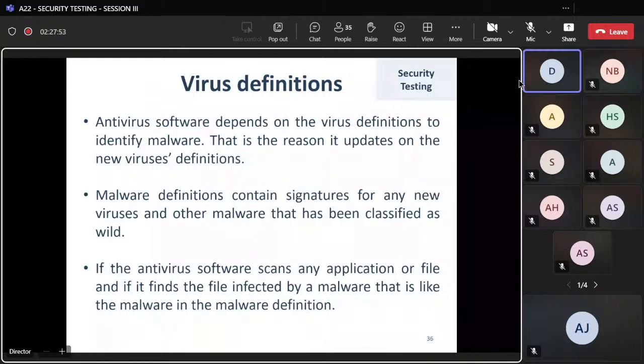Whereas definitions depend on how it can identify the malware, and you'll be finding very frequent updates from the security vendors, and they will be containing the signatures. It will be updating this regularly so that new malicious programs or scripts can also be identified.